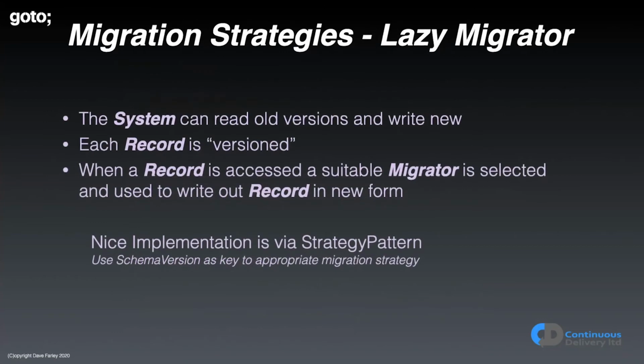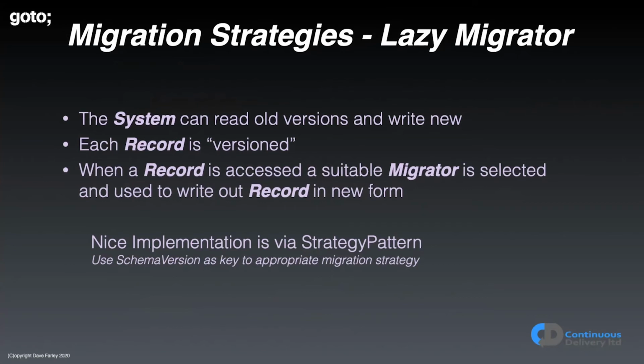Next, lazy migrator. In this pattern, the system can read old versions, but it can also write out new, modified records. So each record is again versioned.